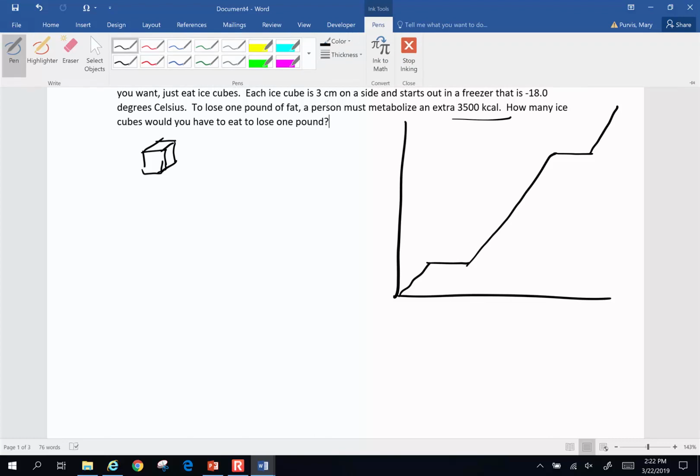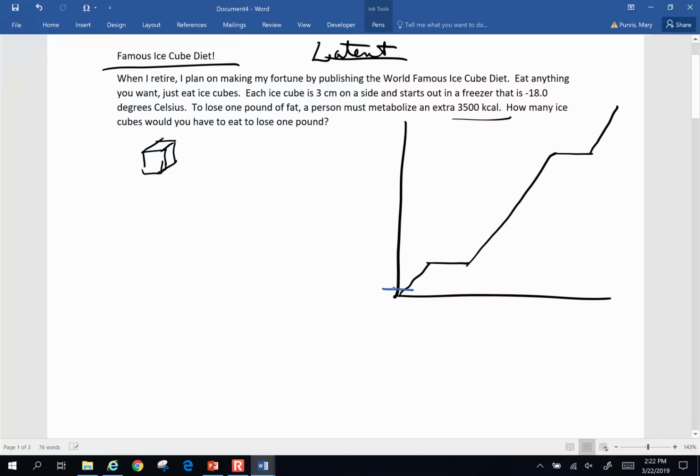Well, my cubes are going to start out at minus 18 degrees Celsius in a solid form. We're going to have to warm those cubes up, and that's going to take some energy up to 0 degrees Celsius. And when we warm that ice up, we're going to use the equation Q is mc delta T, because we're changing the internal kinetic energy of those ice cubes.